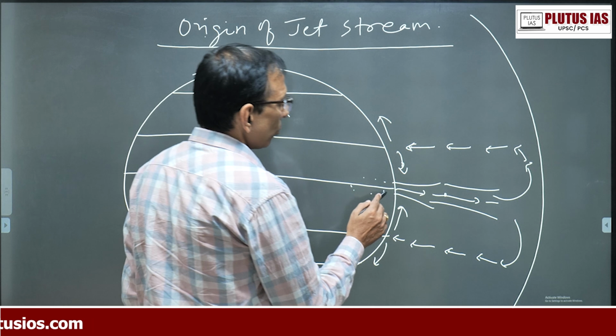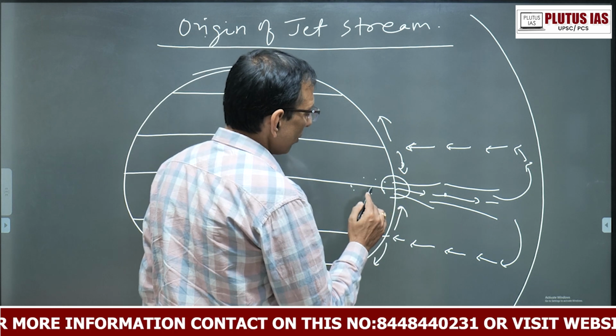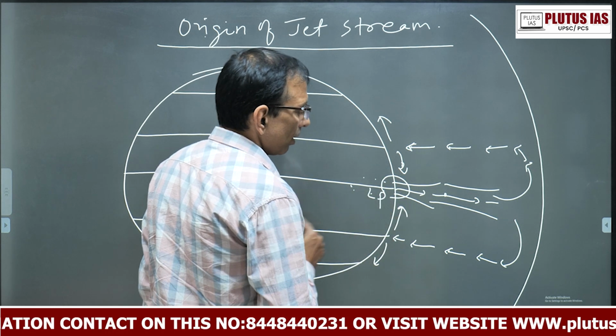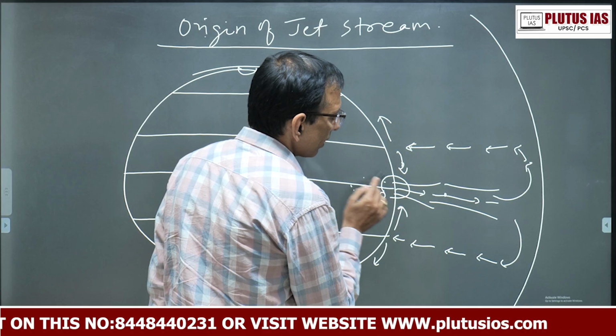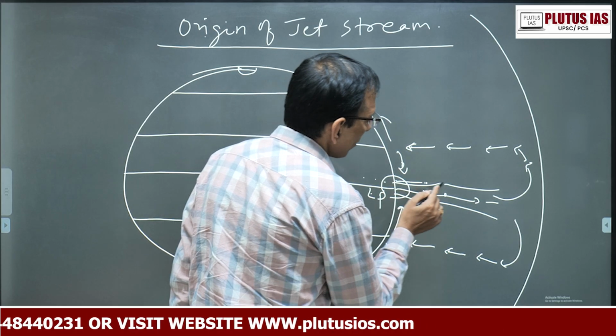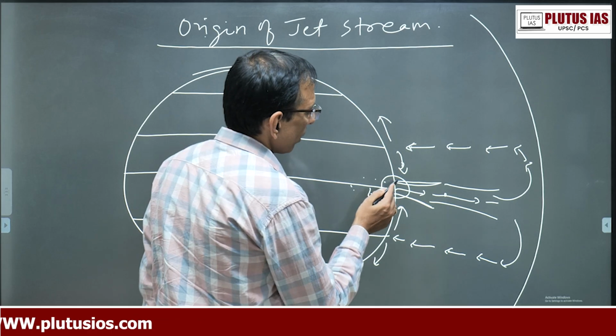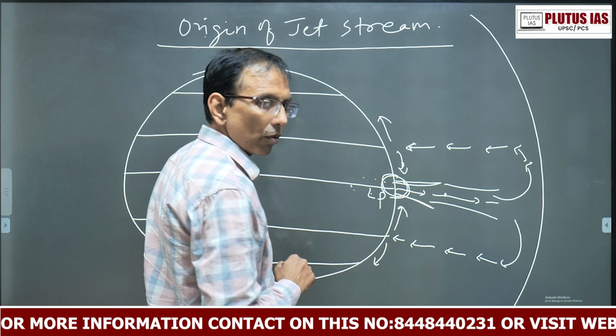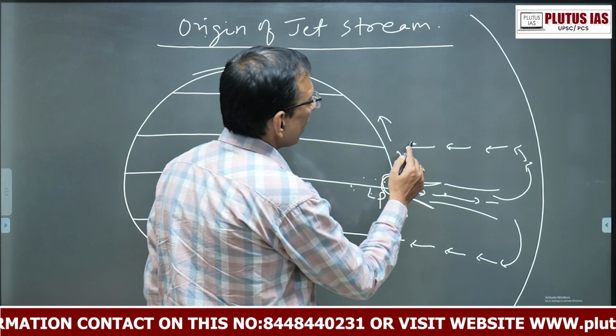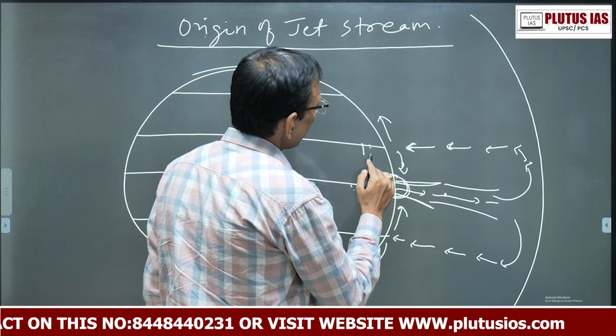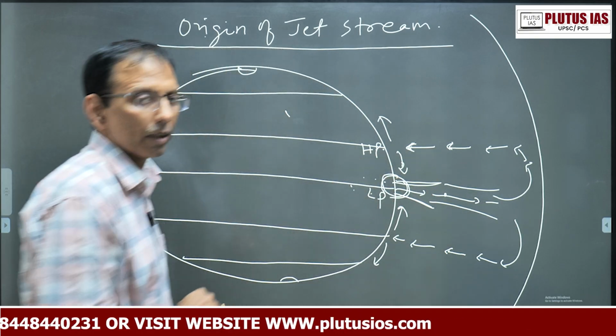This is the story of the region with development of low pressure, because in that region, because of the high temperature, air is getting uplifted. So at the surface, a low pressure region would be created, and where air subsides, a high pressure region develops, right?